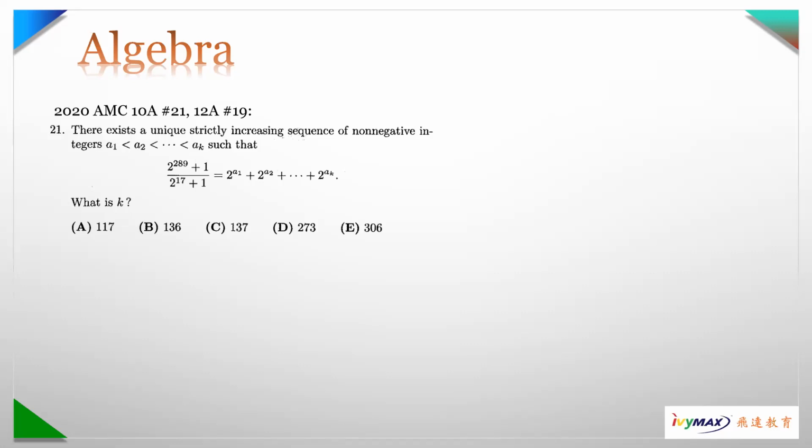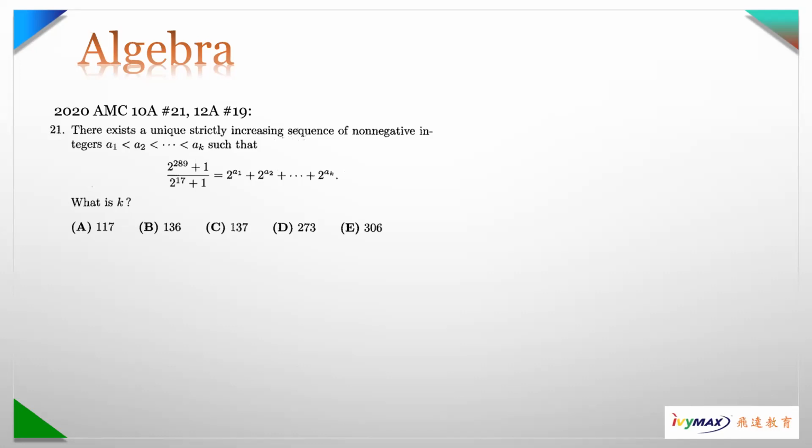It says there exists a unique strictly increasing sequence of non-negative integers a1, a2, all the way to ak, such that (2 to the power 289 plus 1) over (2 to the power 17 plus 1) equals the sum of the exponents based on 2. And they want to find out what is k.